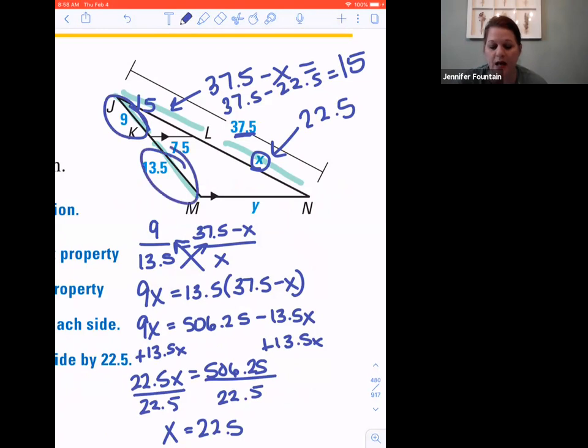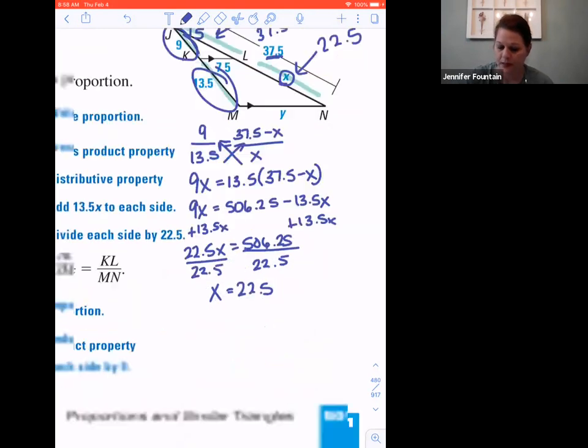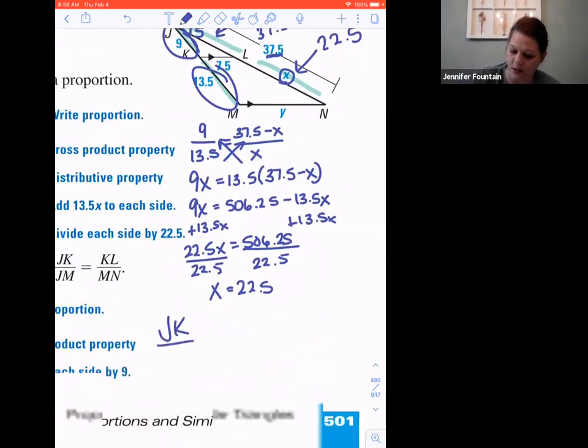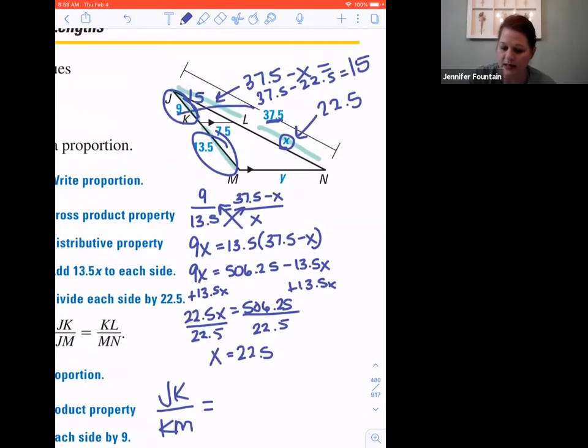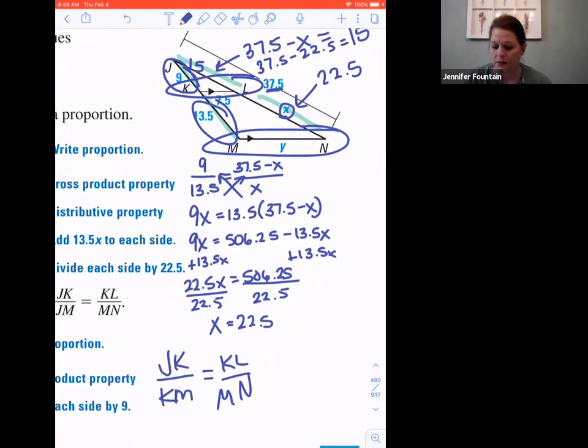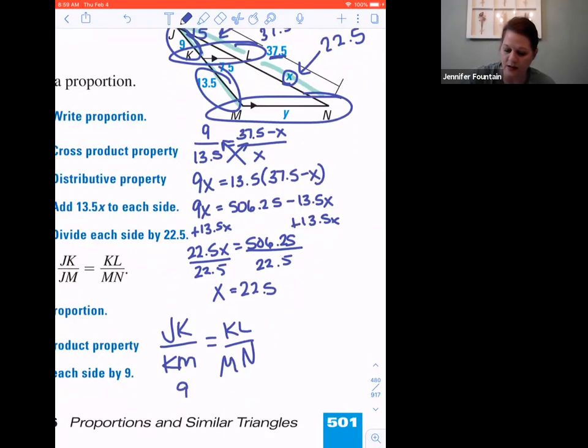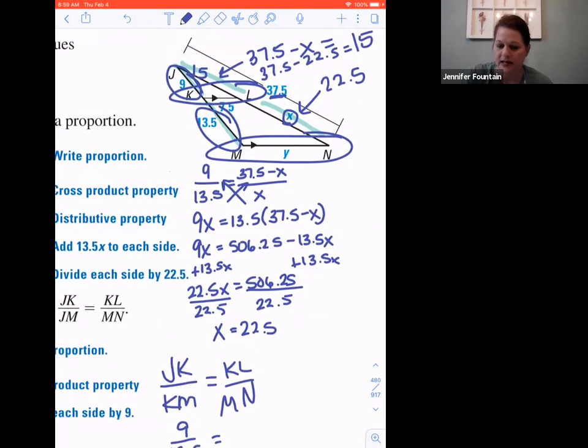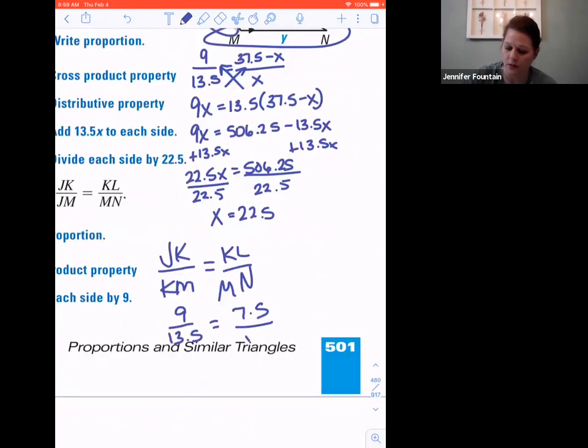I have JK over KM is equal to KL over MN. I'm going to start out with the same 9 over 13.5 equals 7.5 over Y.